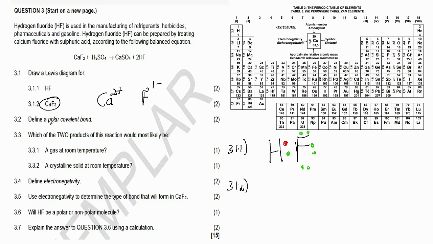Then this is how we have to draw that one. Remember, we use square brackets if it's an ion, right? So the square bracket means that we are putting an ion inside. Then Ca2 plus. Note that there will not be any valence electrons, because if it gives away its 2 electrons, it is left with an empty orbital, right?